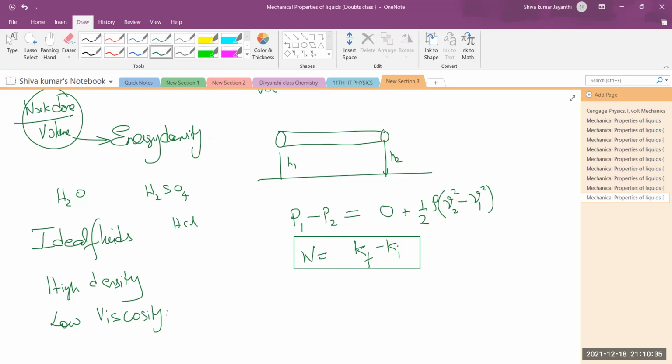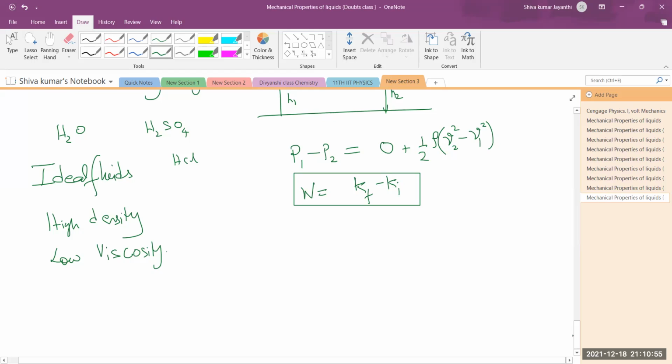It will perfectly obey Bernoulli's equation. That's why earlier thermometers used mercury, but nowadays nobody is using mercury thermometers. It is dangerous. It's a poison, no? Even if one drop goes into our body, we will die. But of course, the mercury thermometer shows the exact temperature, you will get the exact point value.